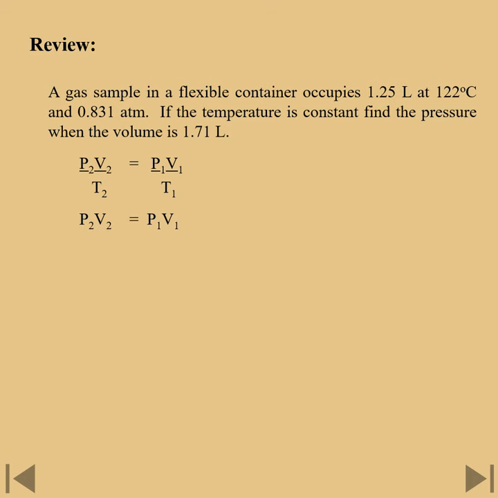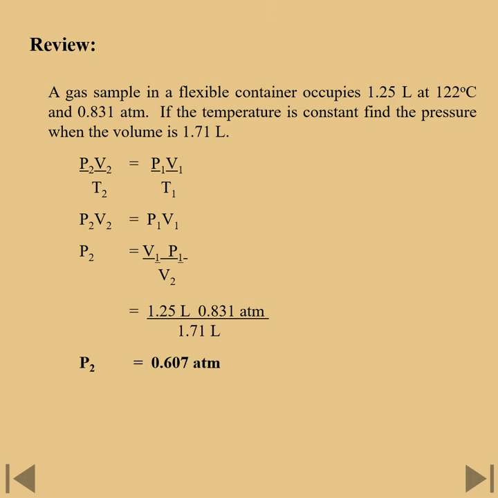Okay, and we're asked after the new pressure, so P2, so we divide out V2, and here's P2 isolated. And let's see, the pressure unit, okay, our volume units are the same, and our pressure unit is atmospheres.